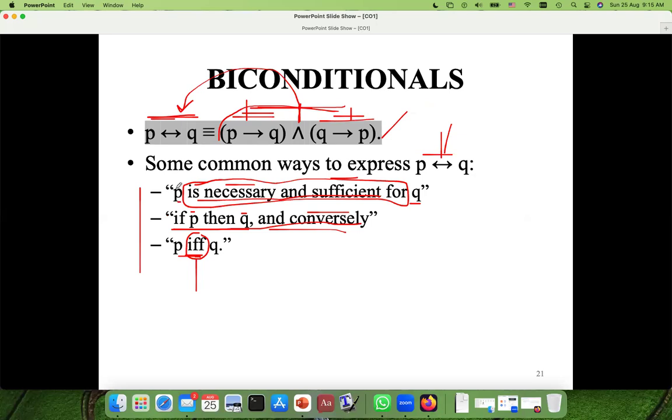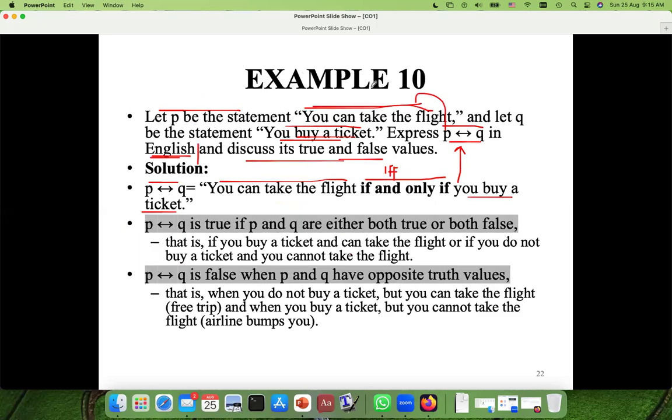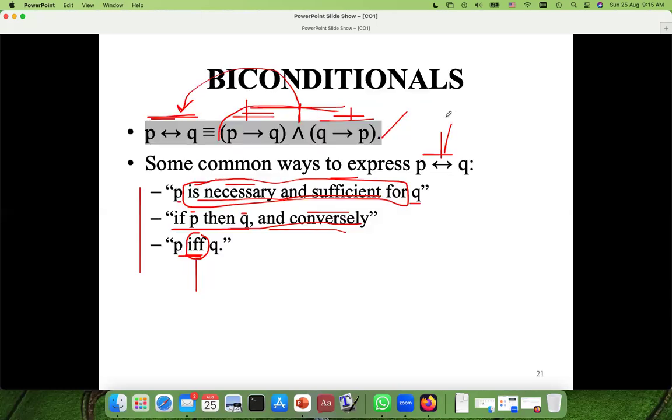For taking the flight, P is necessary and sufficient for Q. It is necessary and sufficient to buy a ticket. Then you have to modify the sentence: you can take the flight, but it is necessary and sufficient to buy the ticket first. You can modify the sentence if you want to use this form. But you can keep these easy things for you to understand, if and only if.